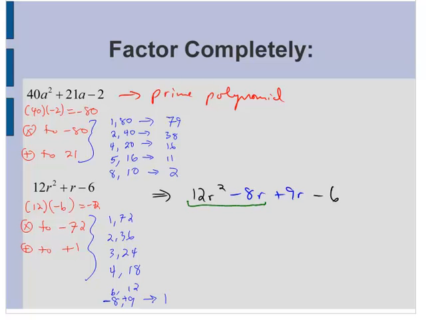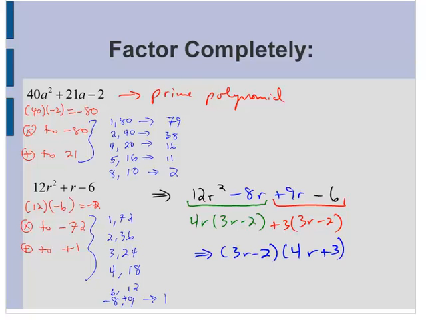Factoring by grouping, I have 4r by 3r minus 2 and then plus 3 by 3r minus 2. And so this would factor completely as 3r minus 2 by 4r plus 3.